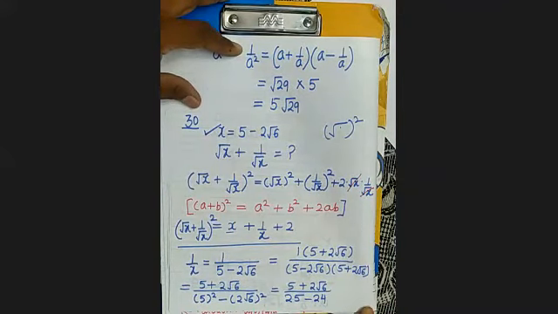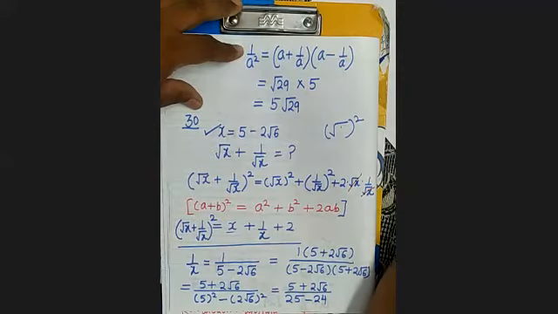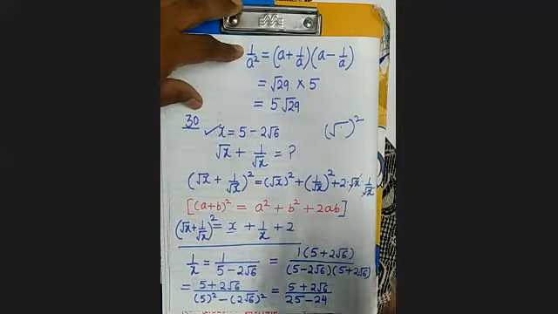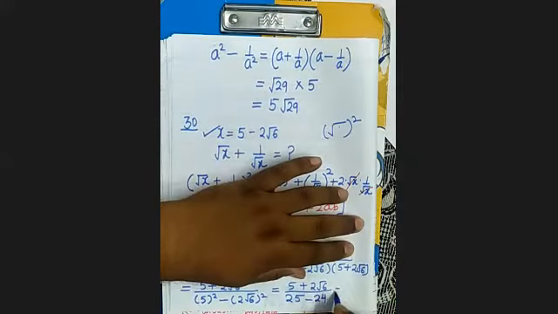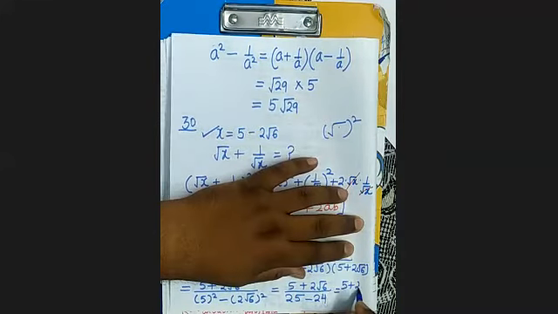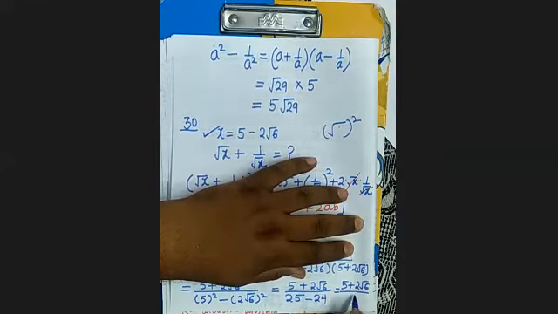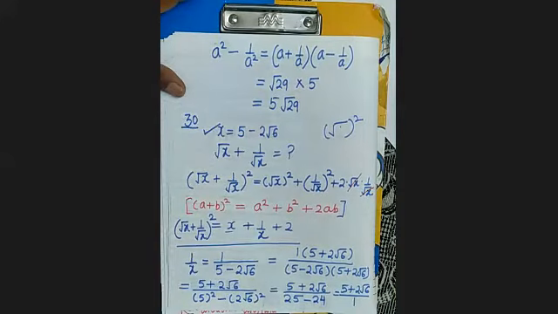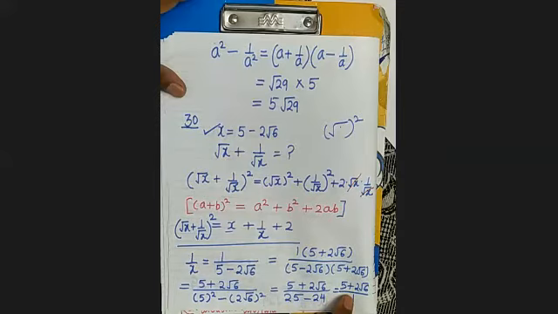Clear? So you can see here, it is 5 plus 2 root 6 upon 1. Means 1 upon x equals 5 plus 2 root 6 upon 1.